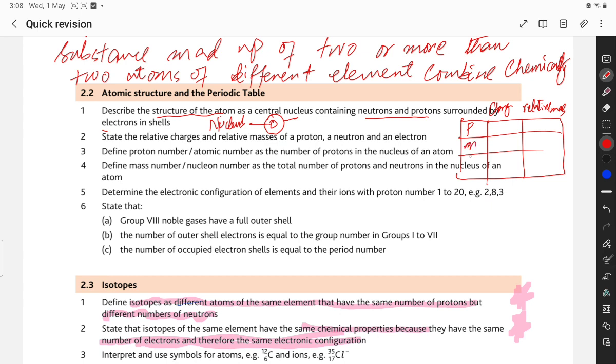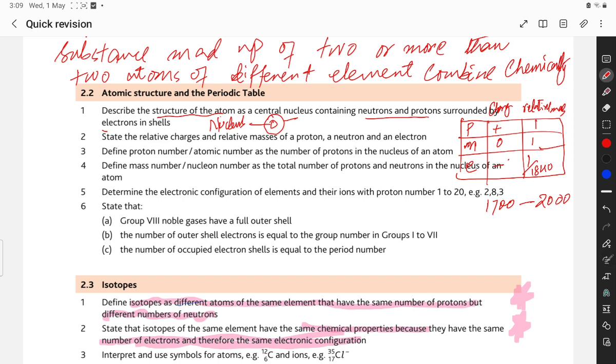Proton, neutron and electron: charges plus, 0 and negative, and relative mass 1, 1, and 1 over 1840. You can write down a number between 1700 and 2000. The 1 over 1840th part is the best option, but the examiner expects a figure between 1700 and 2000, so you must write down a figure between these two.